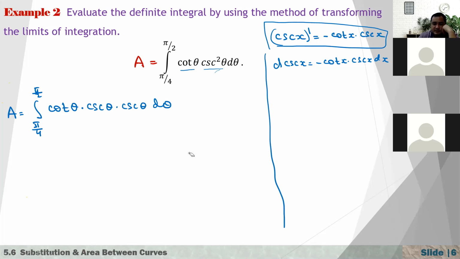So as you see here, instead of this cotangent of x times cosecant of x dx, I can write minus d cosecant of x.